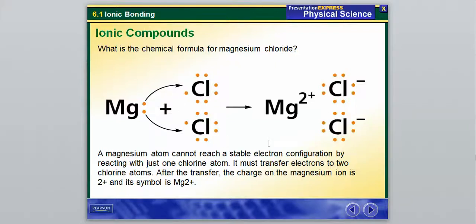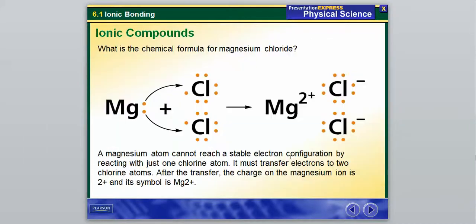So it must transfer electrons to two separate chlorine atoms. One electron goes to this chlorine atom, and one electron goes to this chlorine atom. After the transfer, the charge on the magnesium ion is 2+ because it lost 2 electrons, and its symbol is Mg2+. Our chlorides are each Cl-.